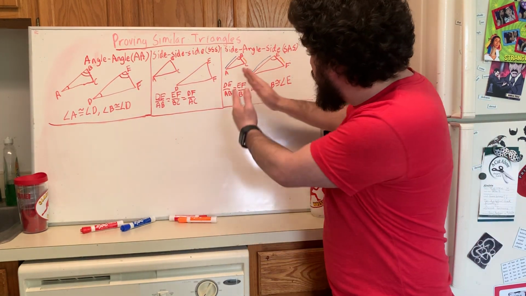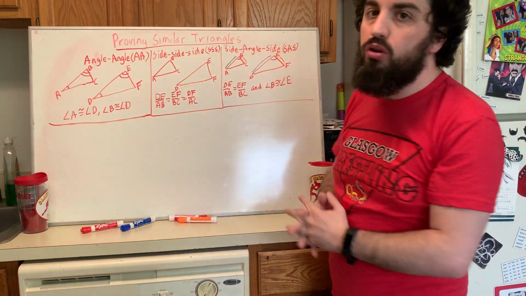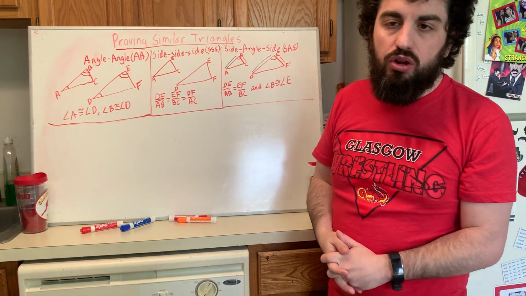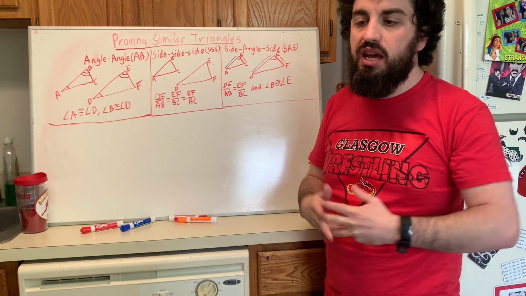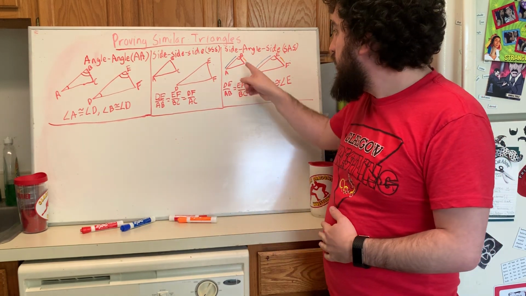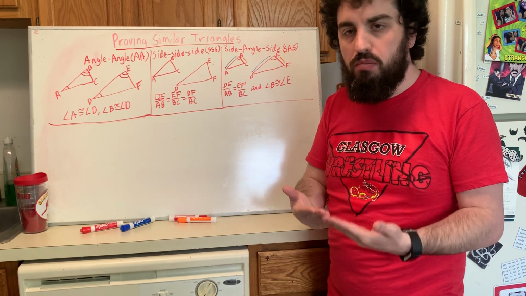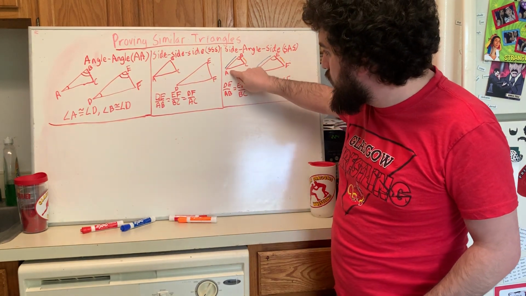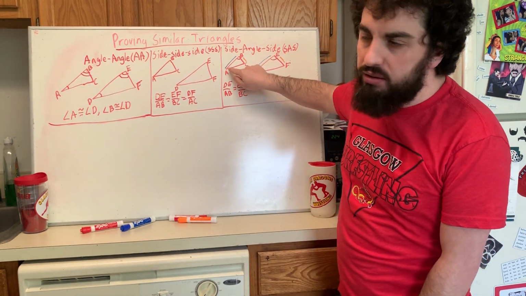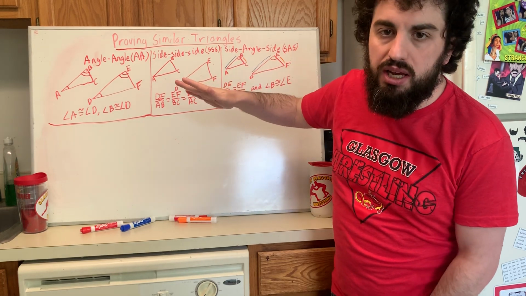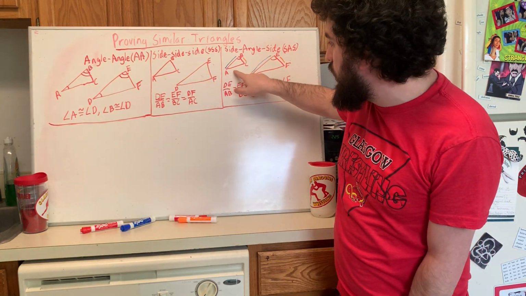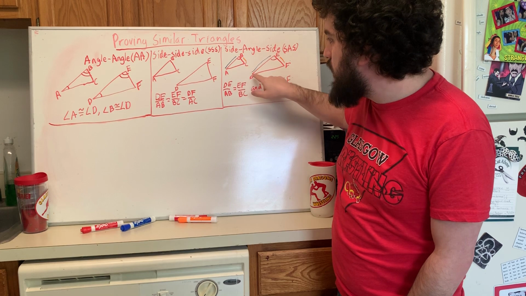There's no way to open this up or close it up a little more in order to make it not similar. The angle in between will fix your ratios properly. If I try and have angle A, I could start playing around with angle A and D, make them the same.